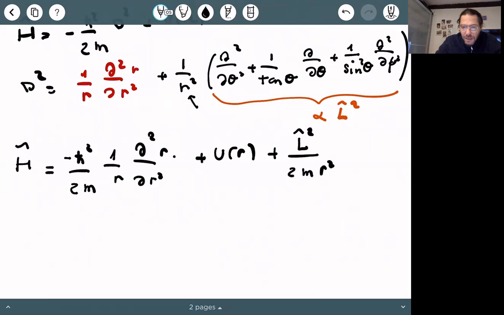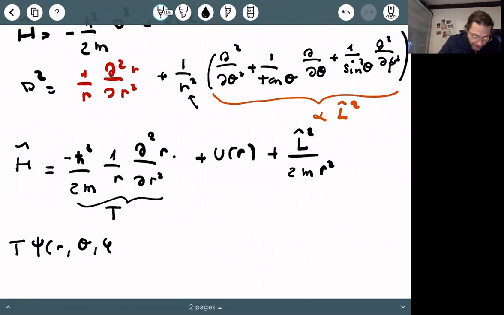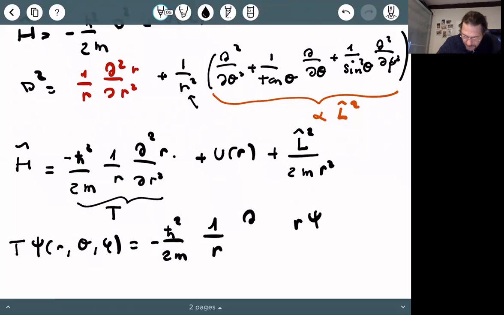Before we move on, let me analyze a little better what this term here is. Let's call this T. What this notation means is that when I apply T to some wave function, which is a function of r, theta, and phi in general, all I have to do is multiply the function by r, take the second derivative, and multiply by 1 over r.